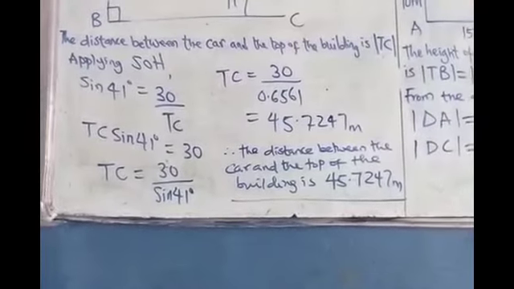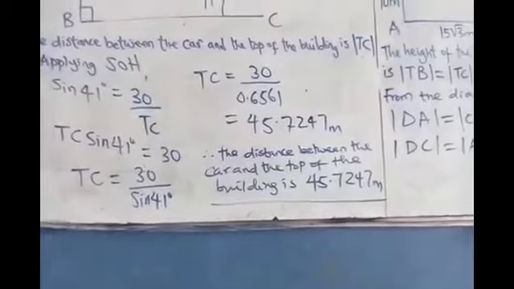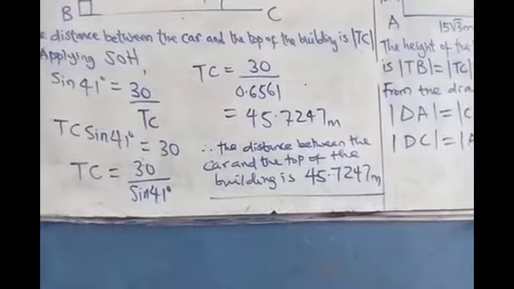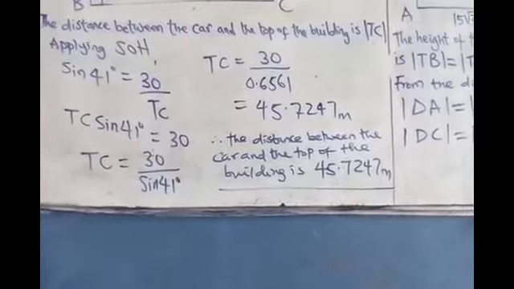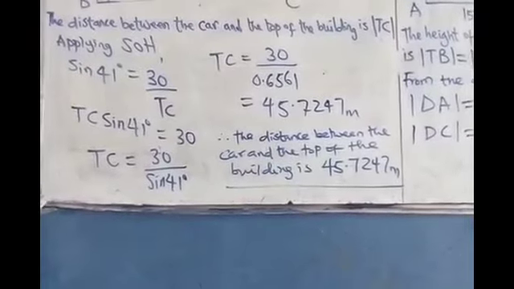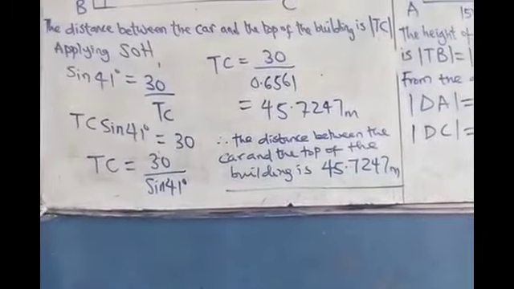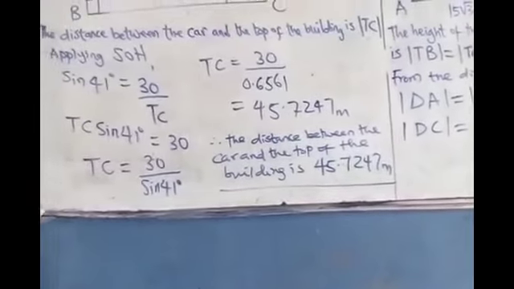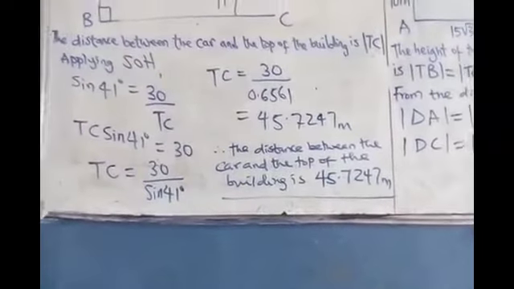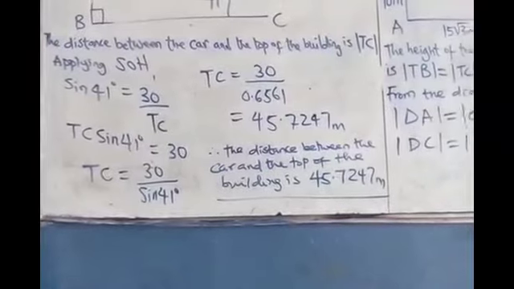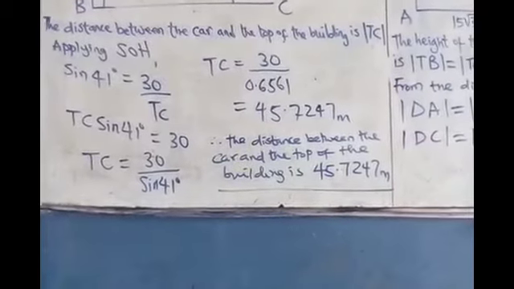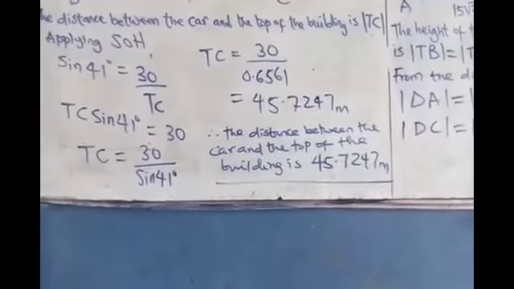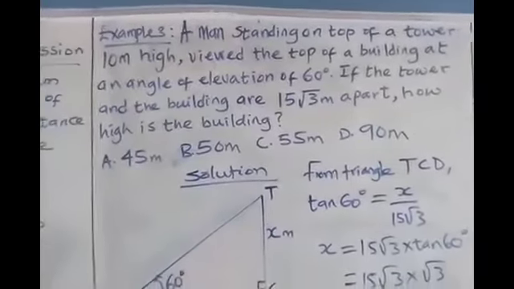So the result will be TC equals 30 all over 0.6561. When we divide, punching our calculator, we have our final result to be equal to 45.7247 meters. Therefore, the distance between the car and the top of the building is 45.7247 meters.